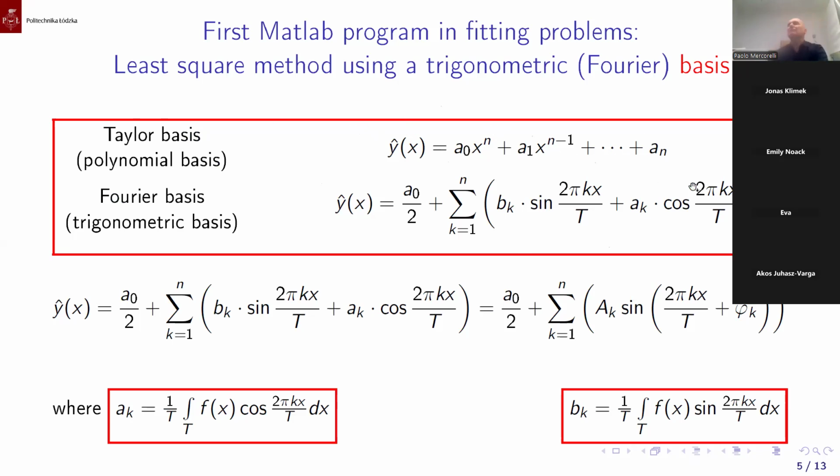It's a shame I didn't put it here, but try to imagine: y hat, which indicates the approximating function, equals the sum of what? k starting from 1 up to n of what? a_k, which multiplies x to the power k, right?